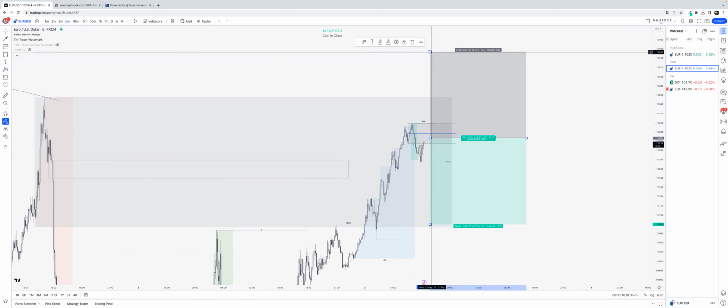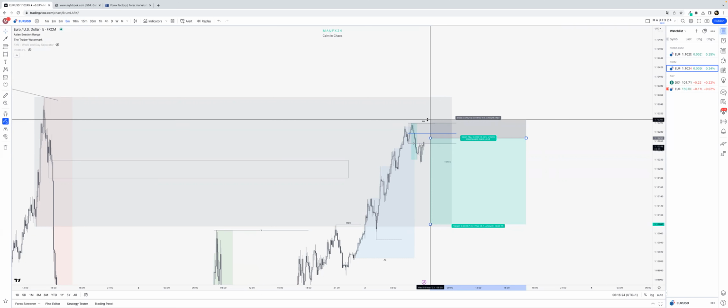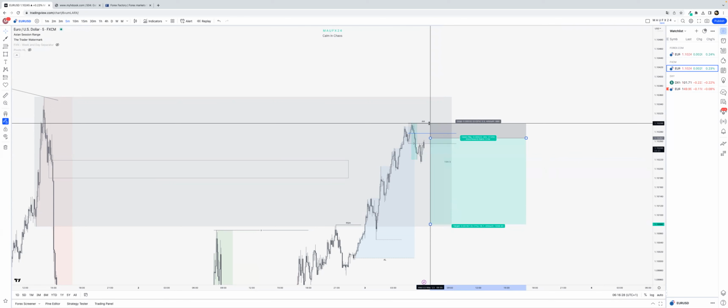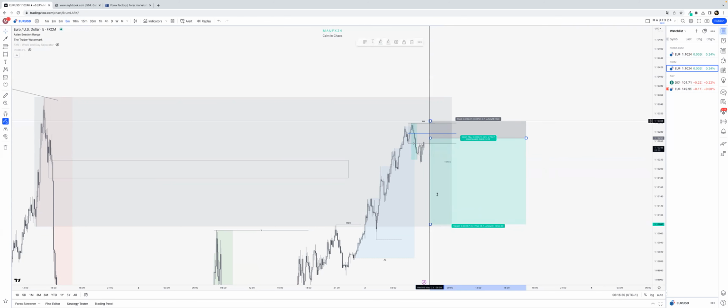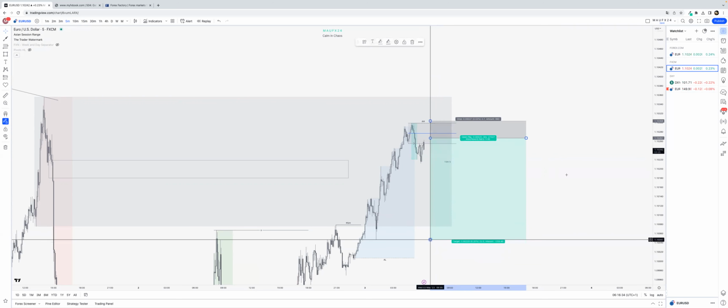So something like that. Oh, it's actually a small stop. That's actually too big. 2, so 2.7. That's looking good.